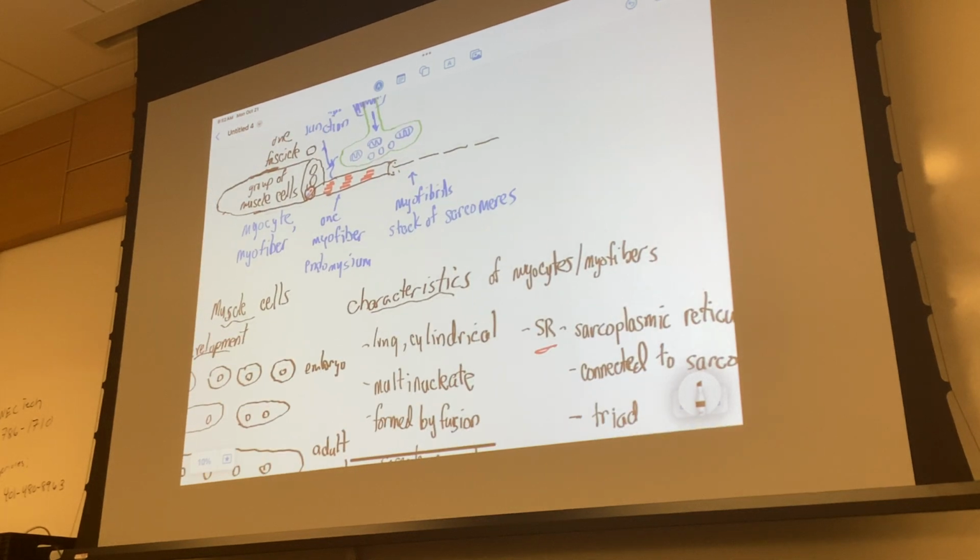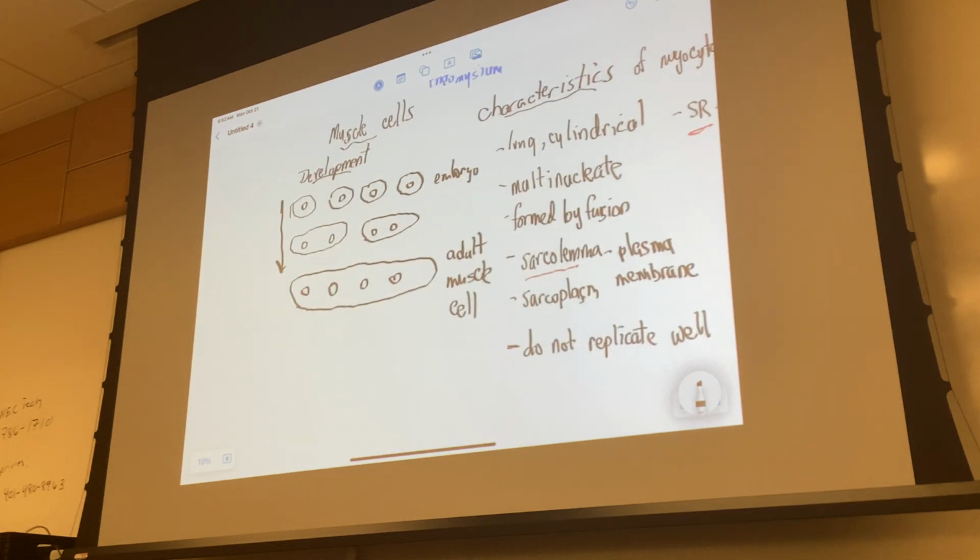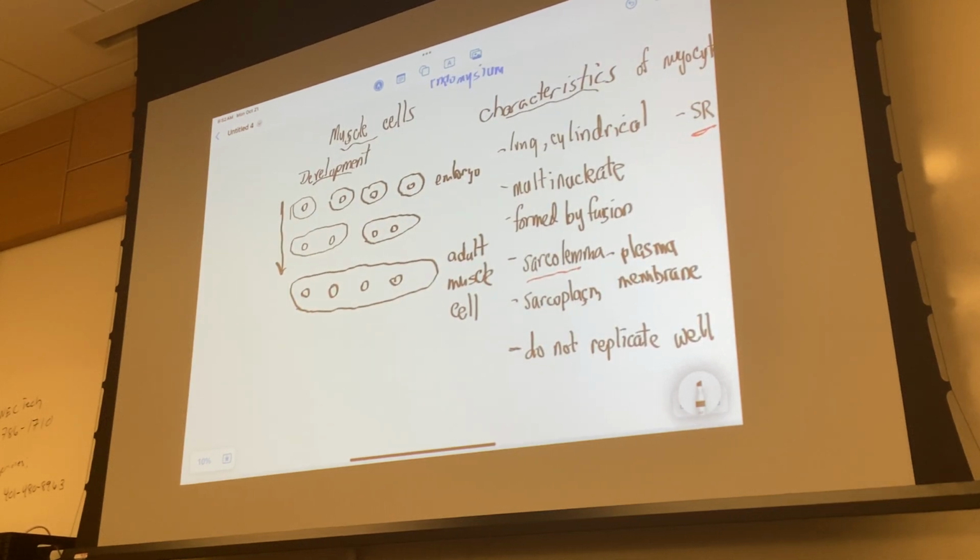Before I go any further, are there any questions about what I just talked about in terms of muscle cell development? I told you, perhaps simplistically, that all cells undergo mitosis and cytokinesis, and adult muscle cells do not.